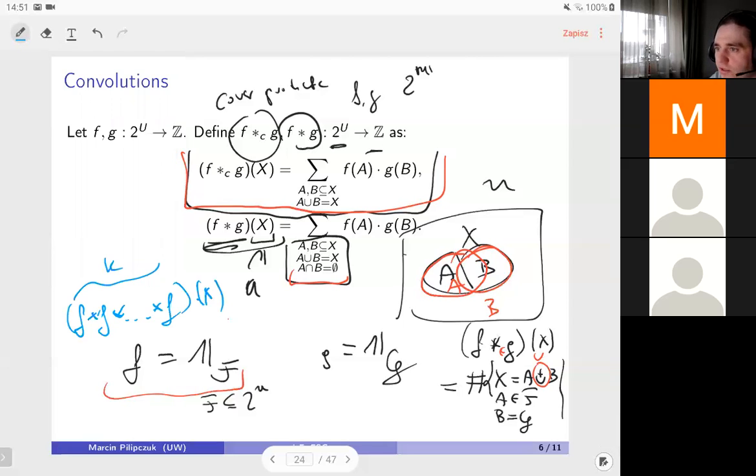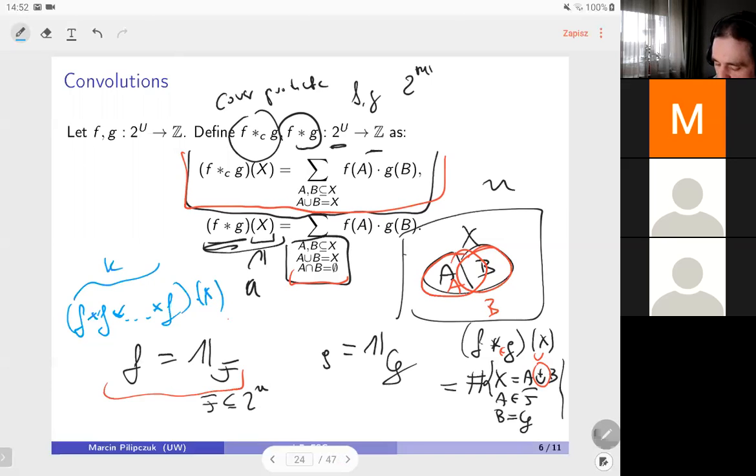So this is how you can use these convolutions. And now we depart from the applications of the convolutions, and we focus on how to compute them.